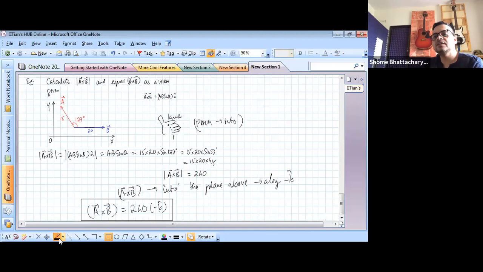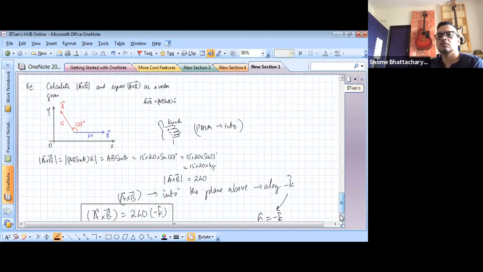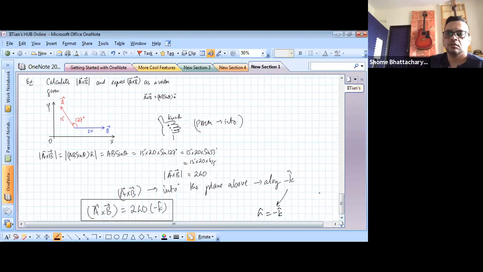So the unit vector which is into the plane, this means that its n cap, which unit vector will it be? It will be along negative z axis. Okay, people, so hope this is clear.